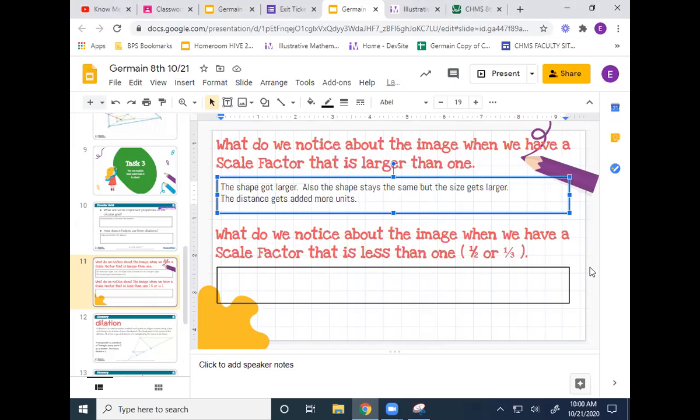I said 1/2 or 1/3. Destiny, what did you notice happened to it? Awesome job, Sam B. Yes, very good, Destiny. She said the shape of it stays the same, but it gets smaller. That's perfect, Destiny.